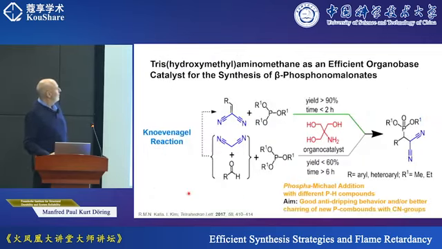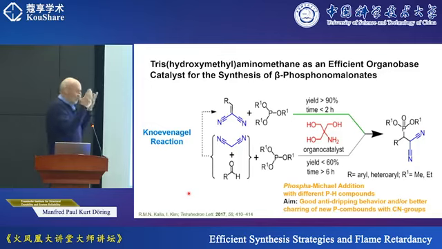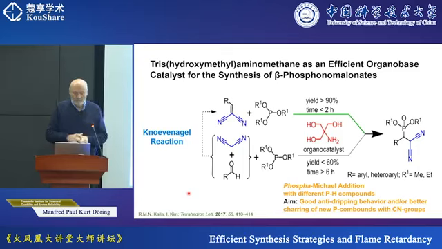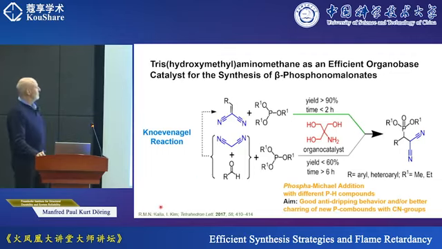Okay. Then, of course, I checked the literature, because I must not check the literature, I know this. Of course, there is an old reaction. We learned it in the third semester, that means in the second year of our studies in chemistry, the so-called Knoevenagel reaction.